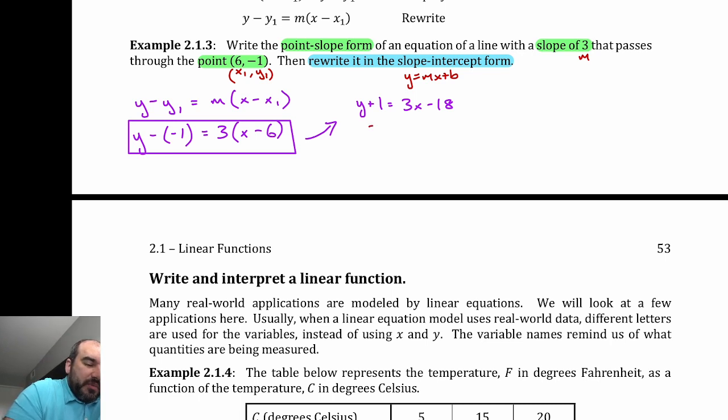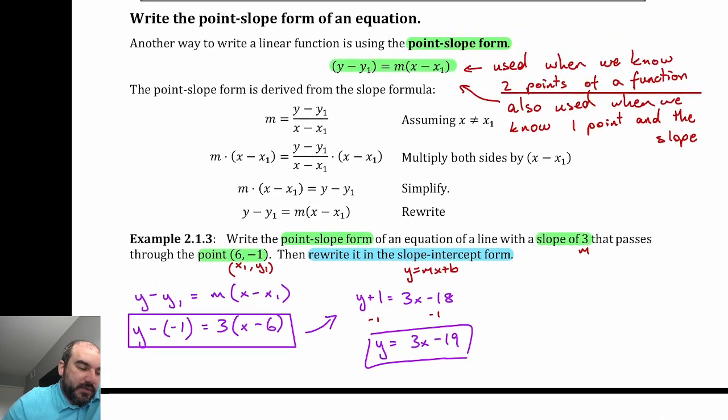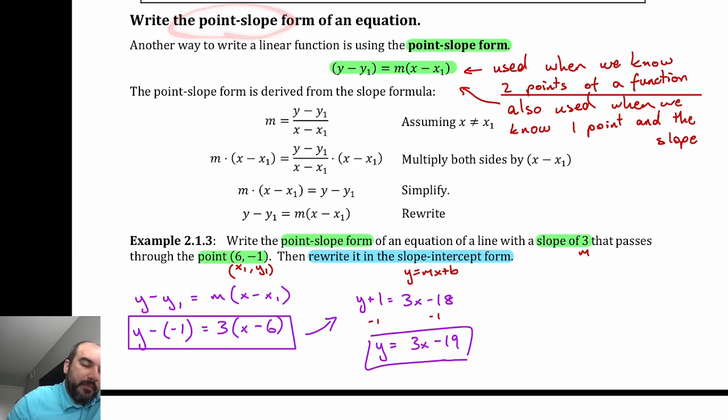And then we can subtract 1 from both sides, which leaves us with y equals 3x minus 19. So that's slope-intercept form. All right, so that's what we need to know for point slope form.